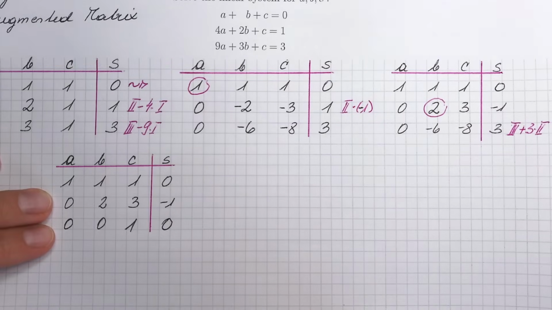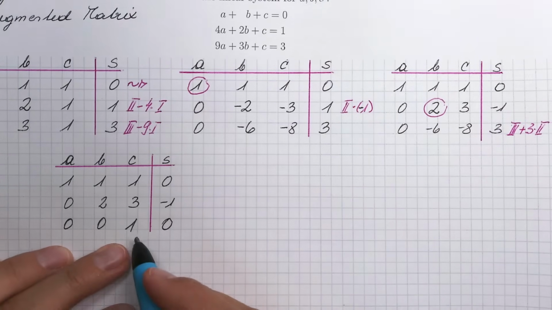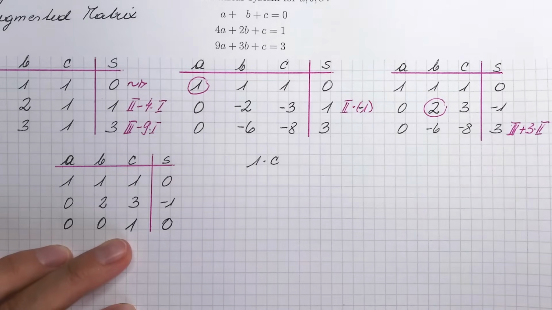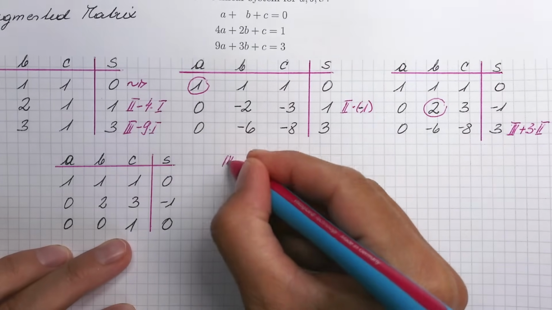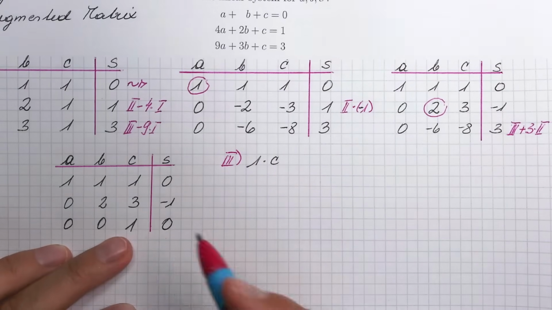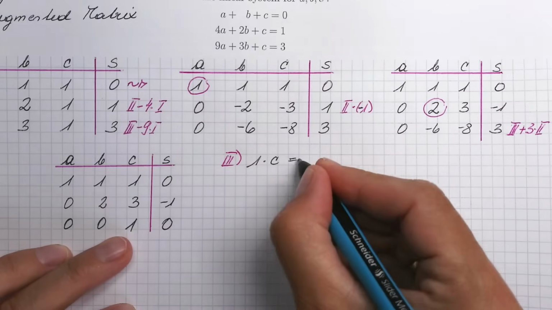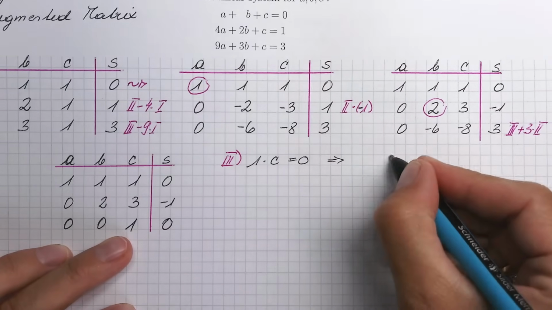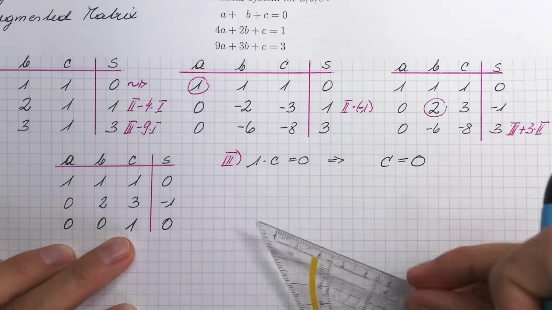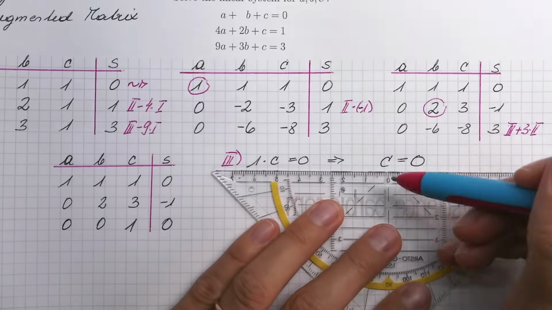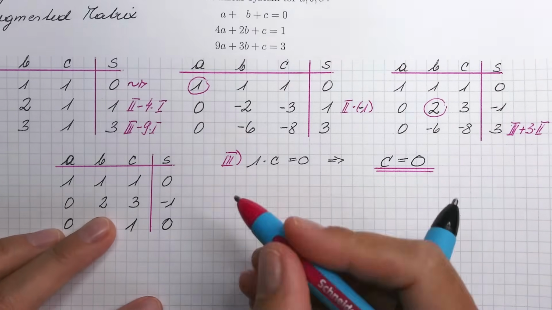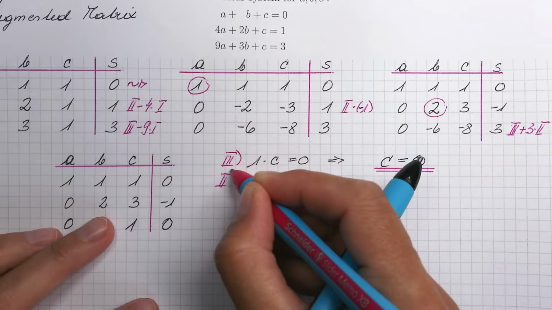Now we already have the solution. Here we see 1 times c. We're looking at the third row. It says 1 times c equals 0. This means c equals 0. That's already the first solution. Now let's go to the second row.